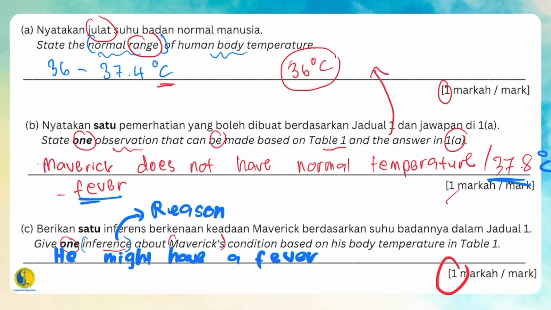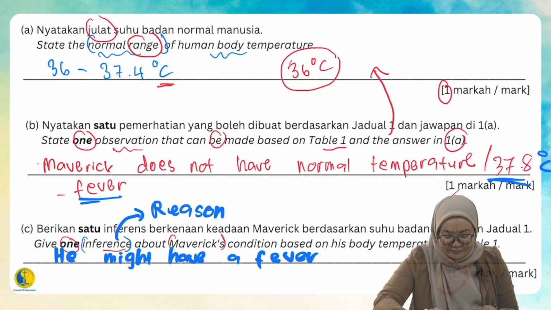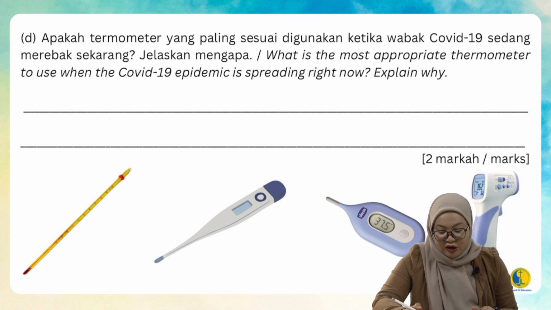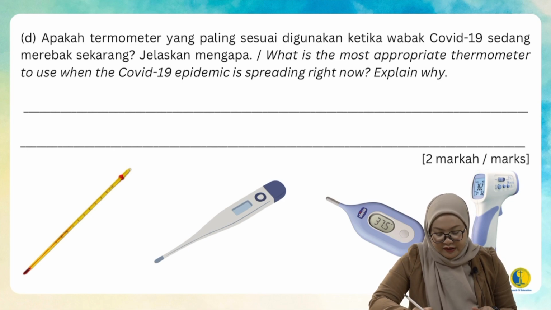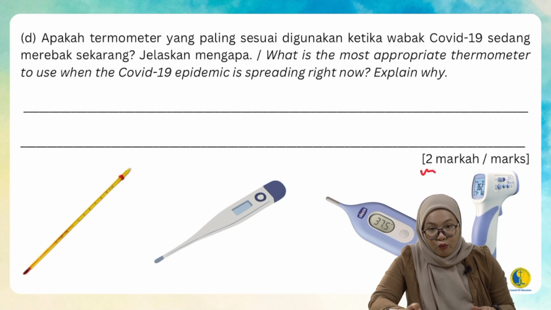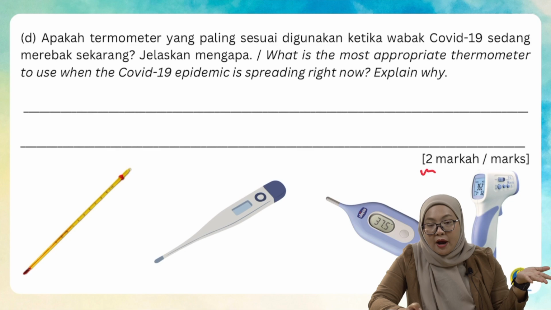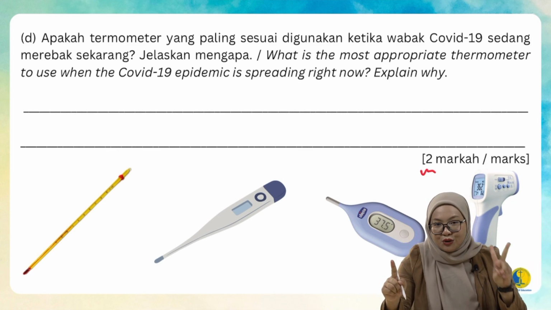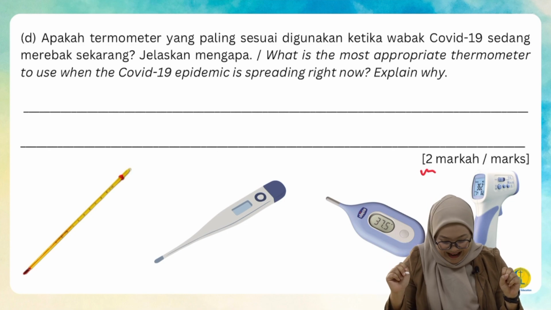Okay, so now you have 1, 2, 3. So another 2 marks left in this section. The next question: I saw a thermometer over there and 2 marks over there. Okay, a lot of students have trouble answering a question worth more than 1 mark. Why? Because they only provide 1 point. Remember guys, 1 mark, 1 point. 2 marks, 2 points.